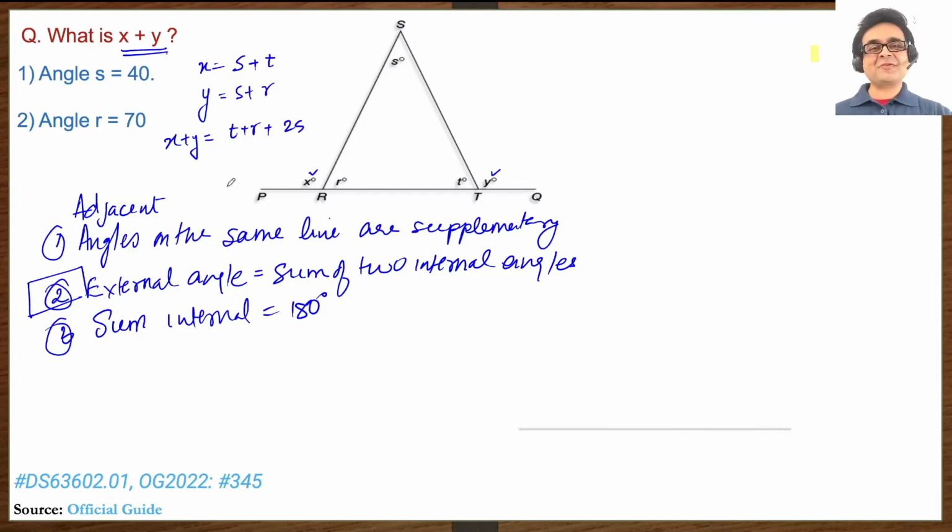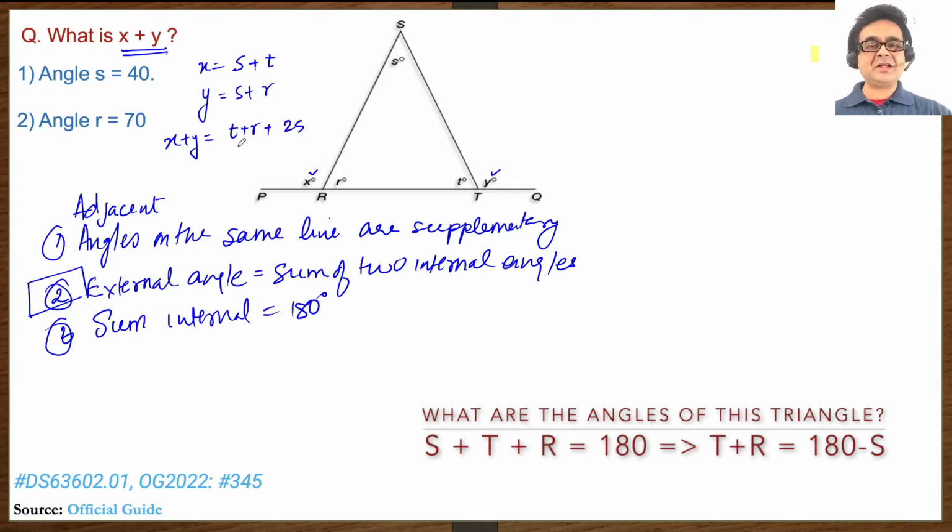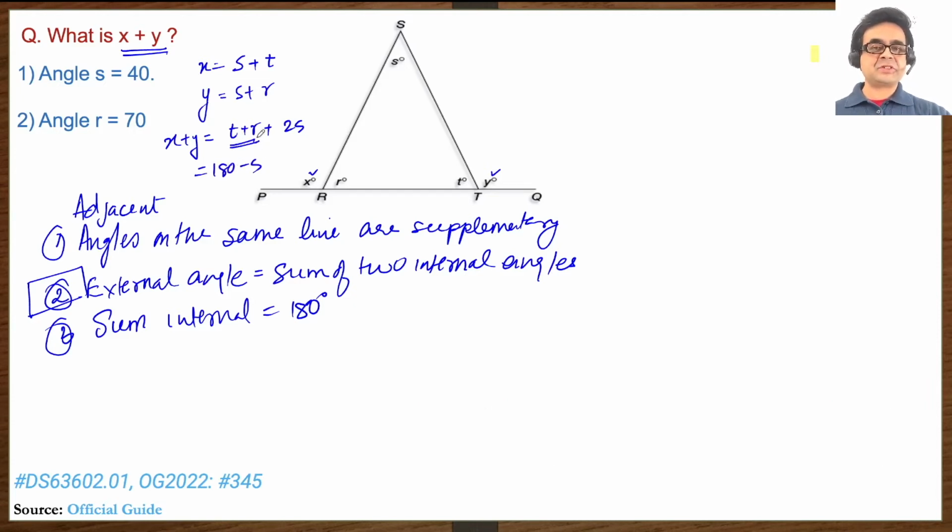And since the sum of the angles in a triangle is 180 degrees, we know that t plus r would be nothing but 180 minus s, because s plus t plus r equals 180. So that means my x plus y is nothing but 180 plus s. So as long as I know s, I should be able to answer this question.